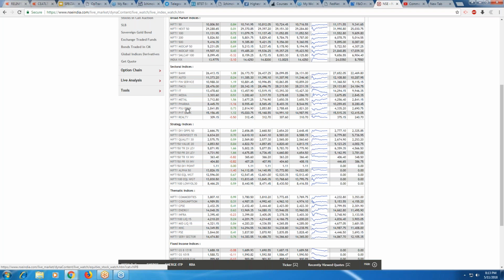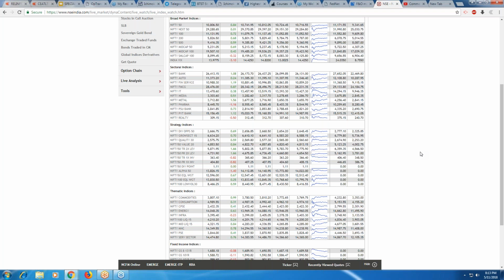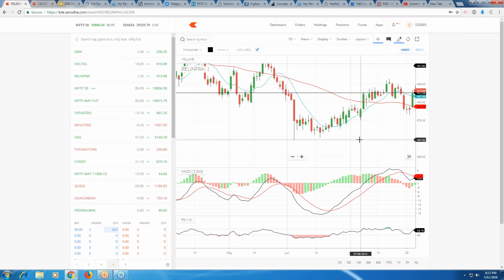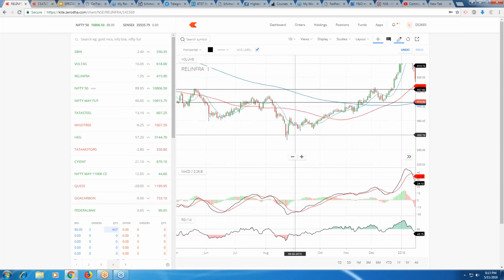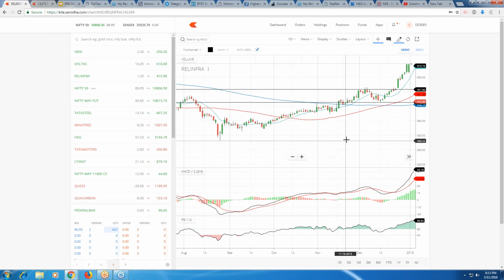So 1, 2, 3, 4, 5, 6, 7, 8, 9, 10, 10 or 11. So 20 stocks are the ones that you will take, and take one or two from energy also, like ONGC or BPCL or IOC, any one of them, and watch them on a regular basis. See which candlestick formation is happening in them and react to them by creating correct positions.